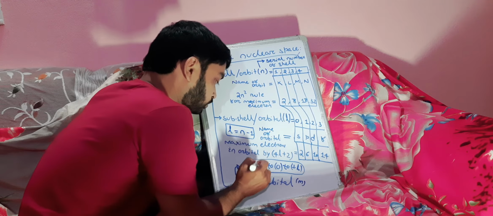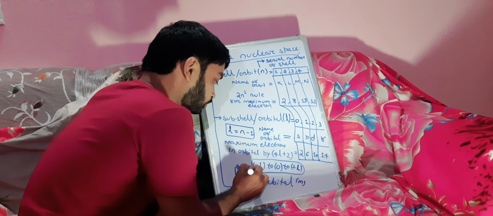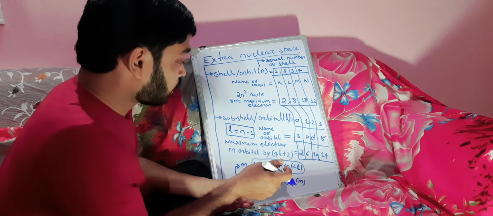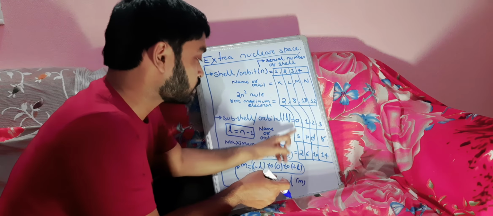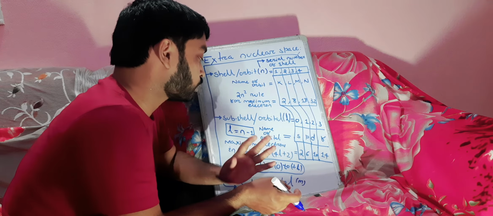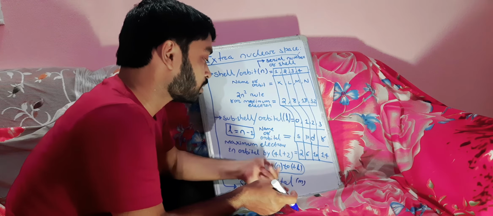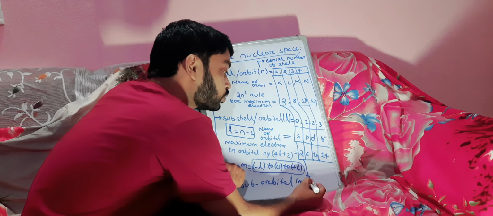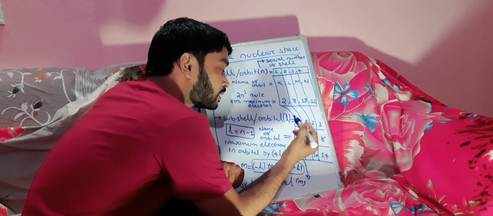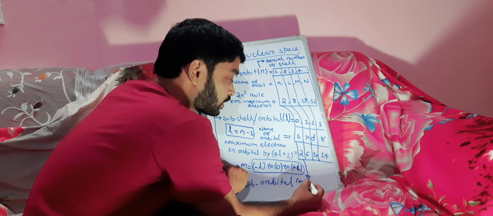So now the different values. The starting L value is 0. There is no effect of plus or minus on the 0 value. So the s orbital has no suborbital, meaning the orbital is itself the suborbital. Single.